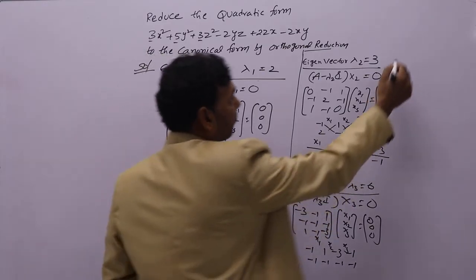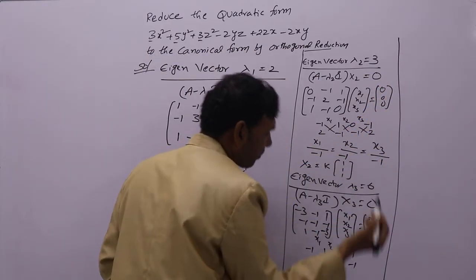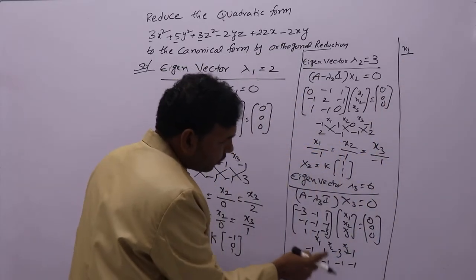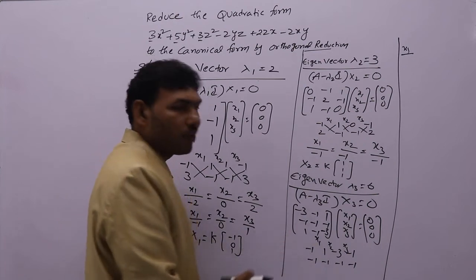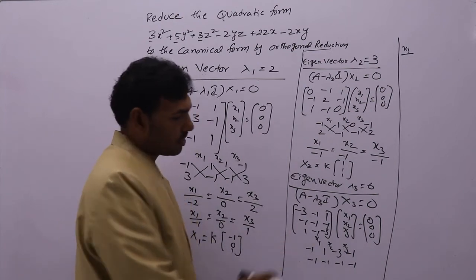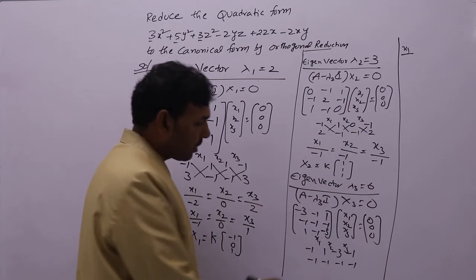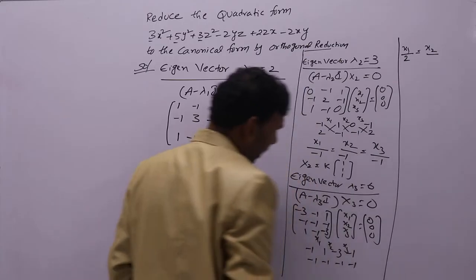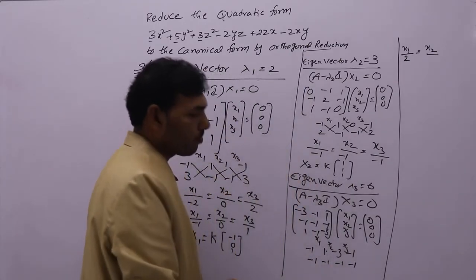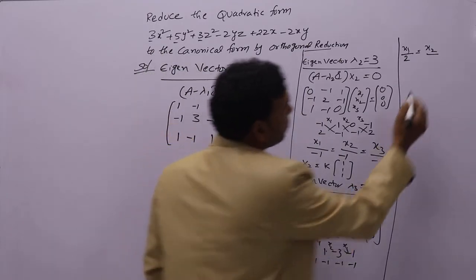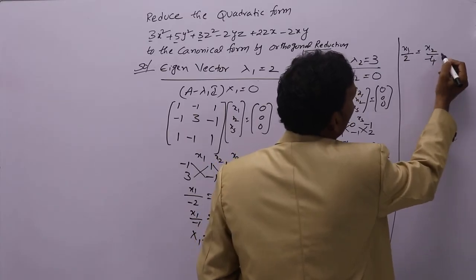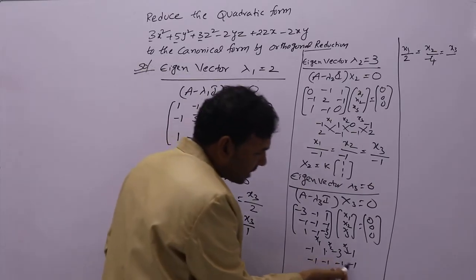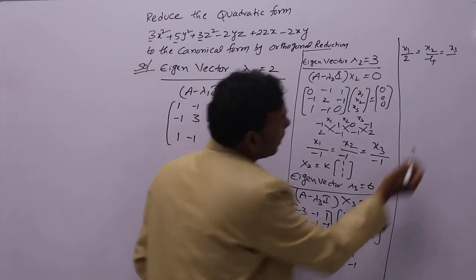x1 by minus 1 into minus 1 plus 1. In between you will have minus into minus plus. Minus 1 into minus 1, 1 plus 1, 2. x2 by 1 into minus 1, minus 1, minus 3, minus 1, minus 3, minus 4. x3 by minus 3 into minus 1, 3, minus 1, 2.